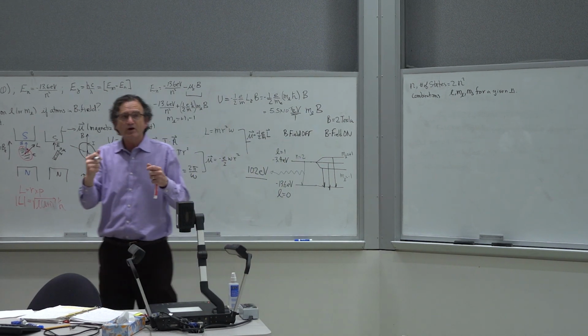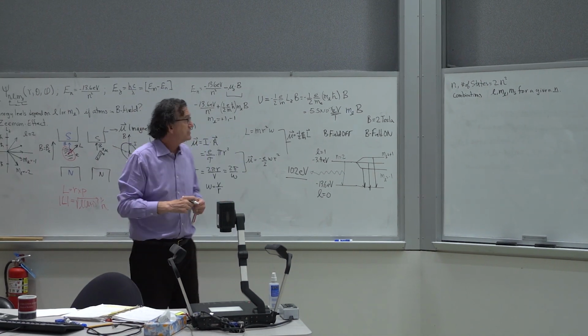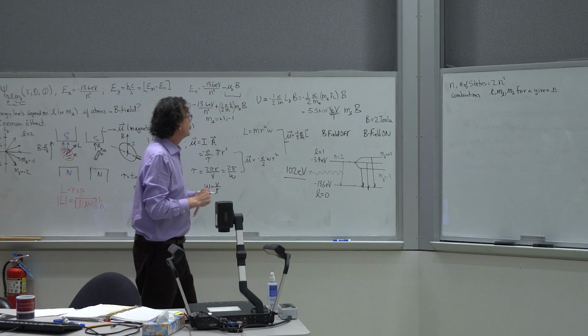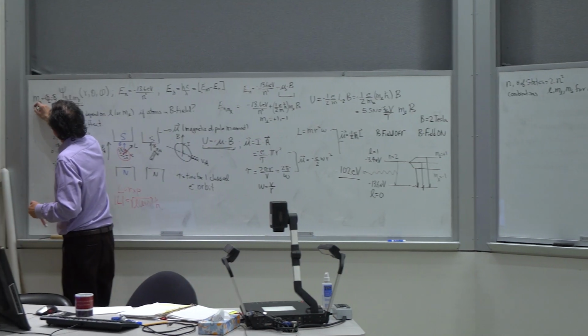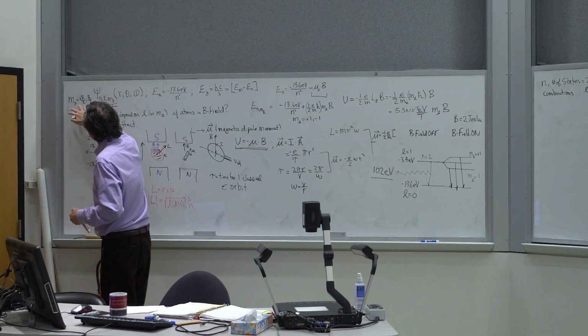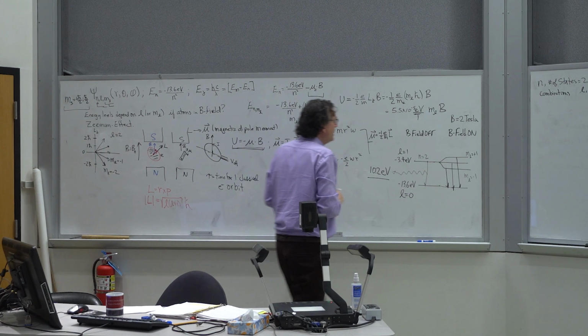But what we haven't really talked about is what is up and what is down, and what does it mean? Obviously, it must be related to these two different values of m sub s, which is the z component of spin. So let's review what this definition is saying.